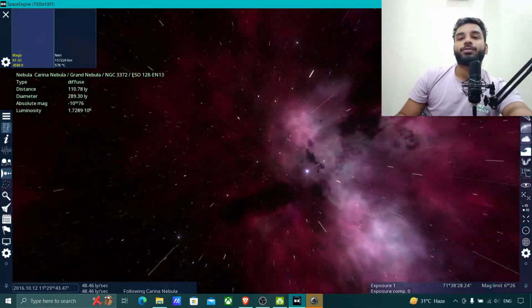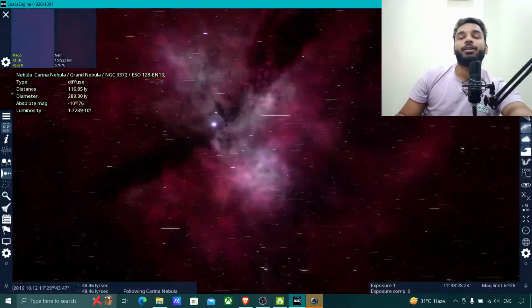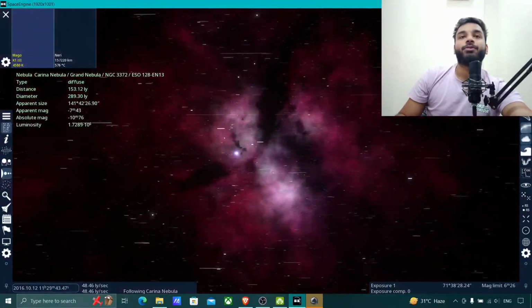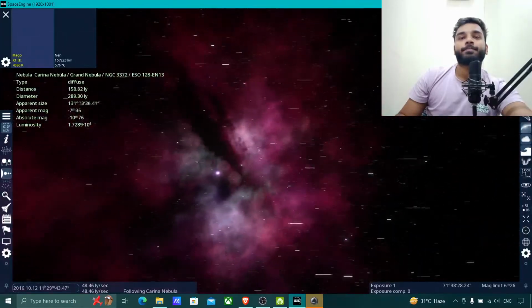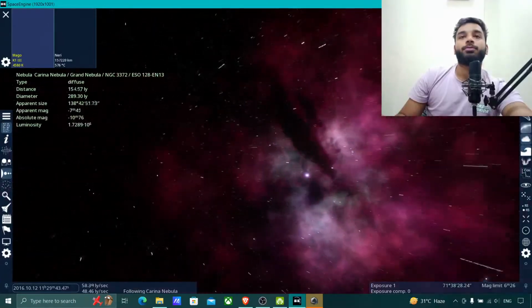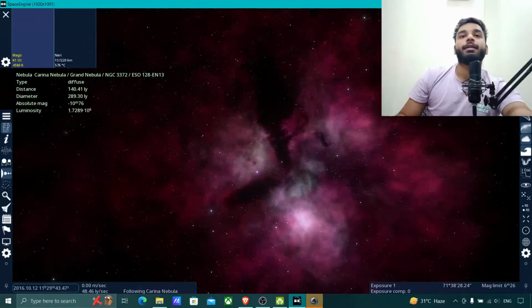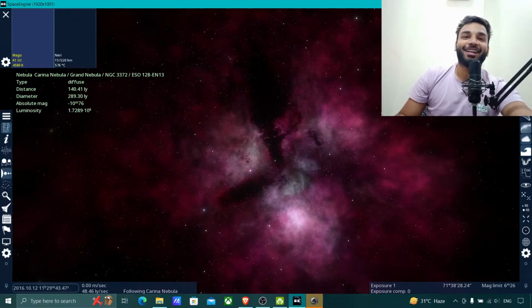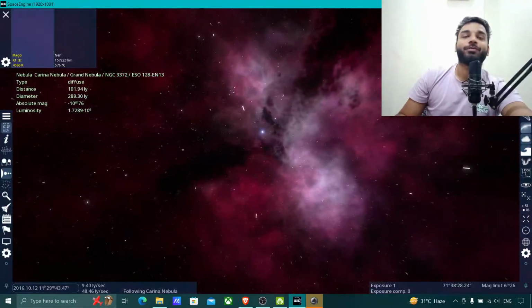Whoa, this is simply so mindful and so gorgeous to look at. I mean, just wow. Look at the color composition. Although I know in reality these things are quite different. This is probably published by NASA, but yeah, we can still enjoy the view. There is nothing wrong in that.